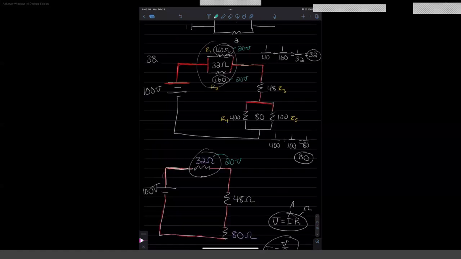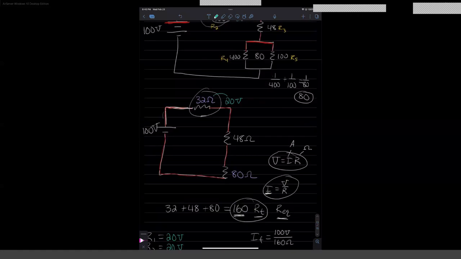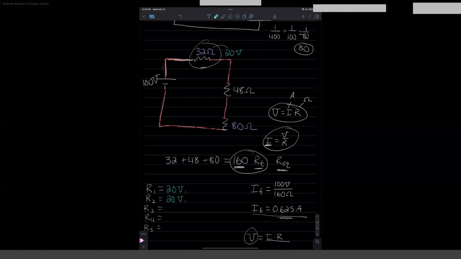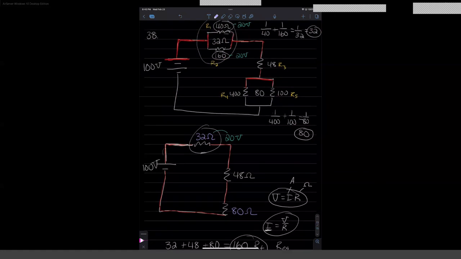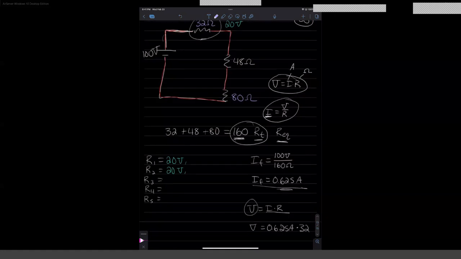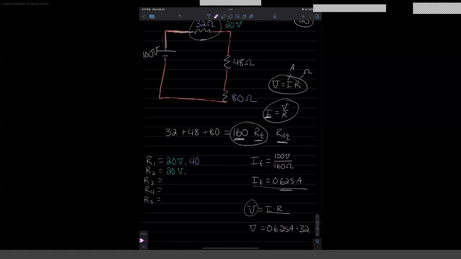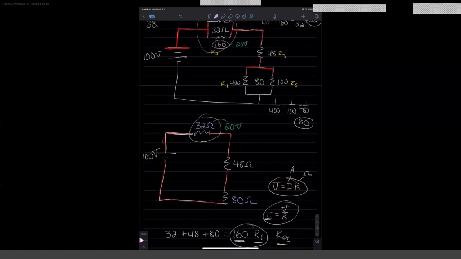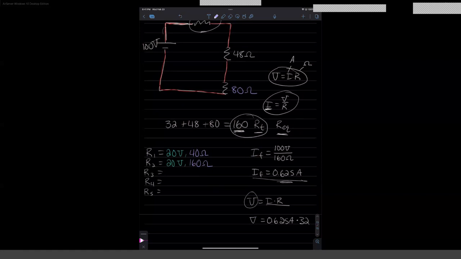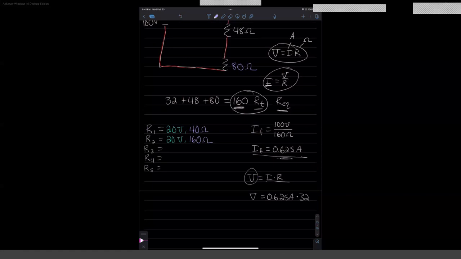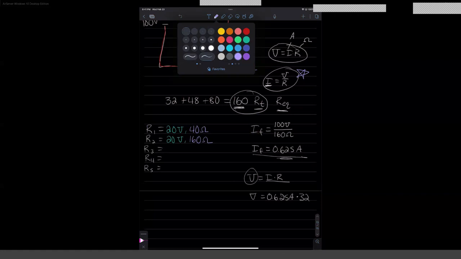And then now we can also put in their resistances. So R1 had 40 ohms, and R2 had 160. So now we can use this same exact equation again to solve for the current.